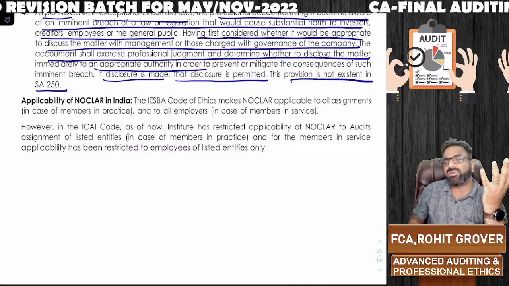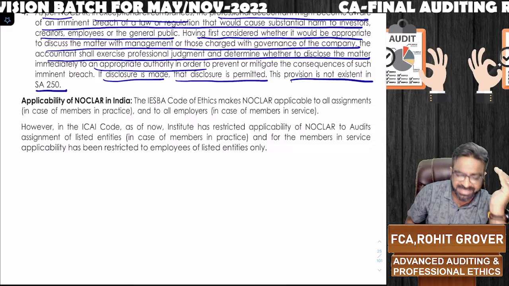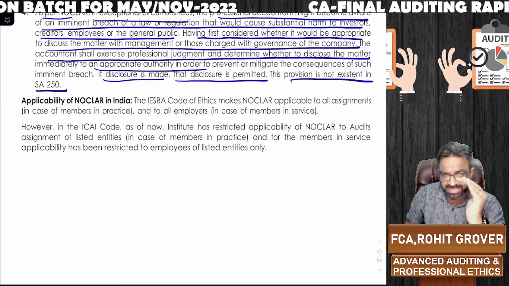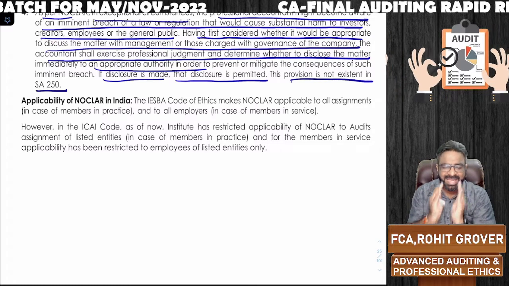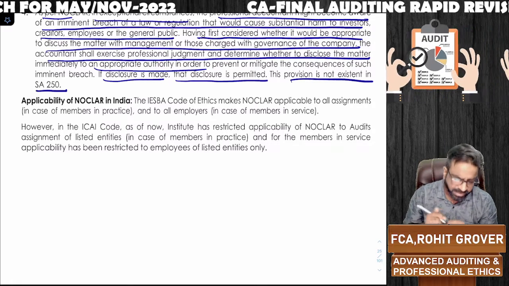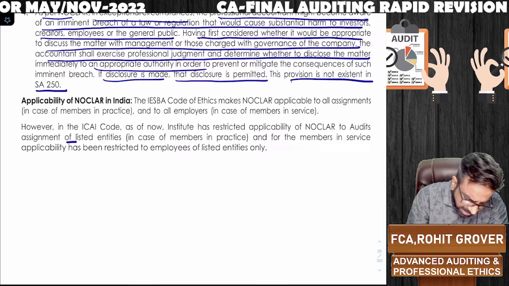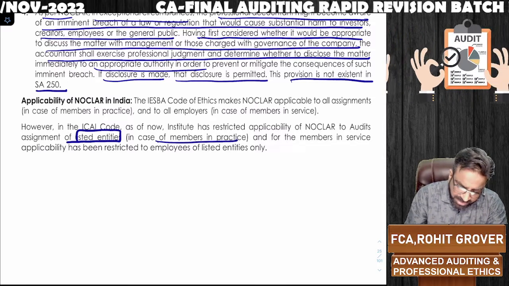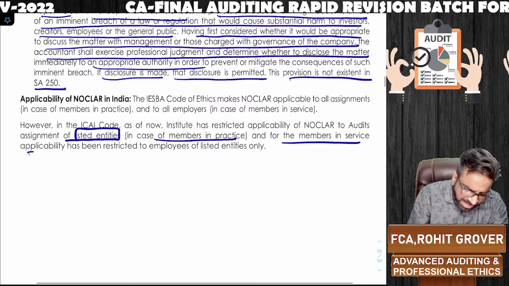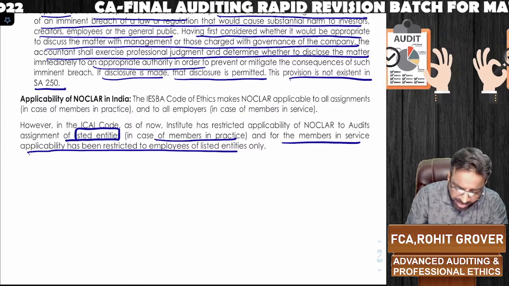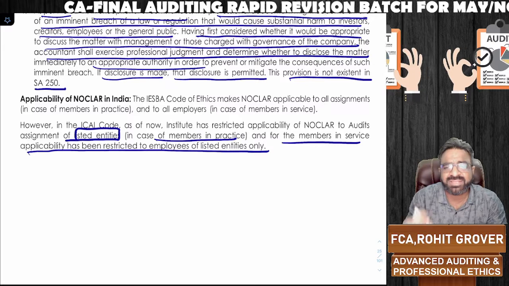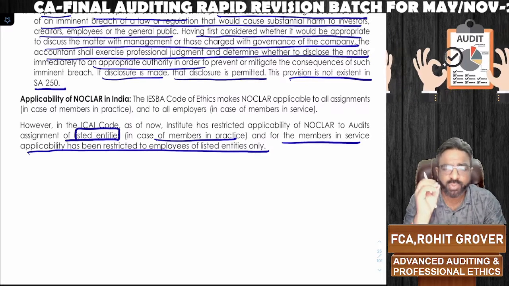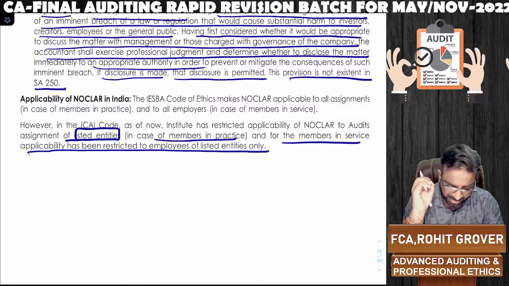Now, applicability of NOCLAR in India. As I already told you, IESBA, the International Ethics Standards Board for Accountants, introduced NOCLAR many years back, but ICAI has introduced it recently, and ICAI has specifically limited the NOCLAR provision only to listed entities. In case of members in practice and members in service, applicability has been restricted to employees of listed entities only, and that too only for audit assignments.